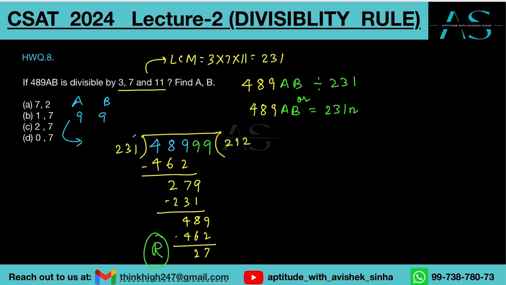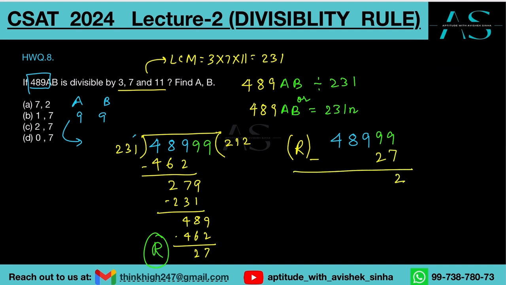Now, the exact number that we're looking out for, that would be 489. These 3 digits cannot change. And in place of AB, I'll write 9 and 9. This is not a multiple of 231. But if I take out the remainder from here, remainder is 27. Now what is the number formed? 2 and 7.